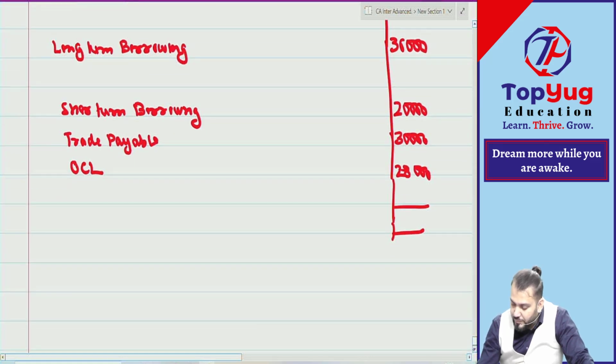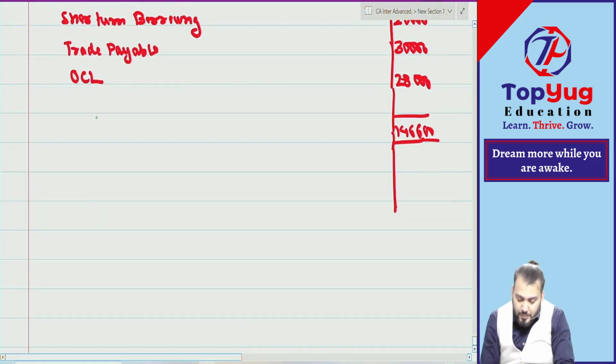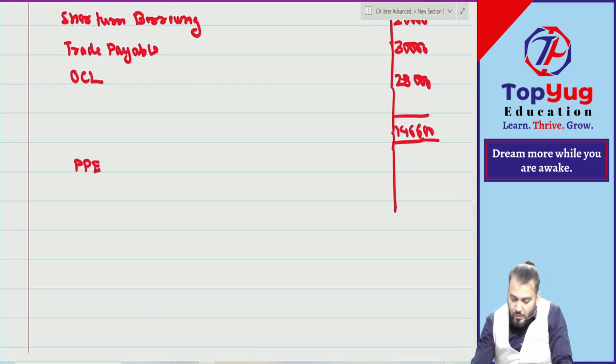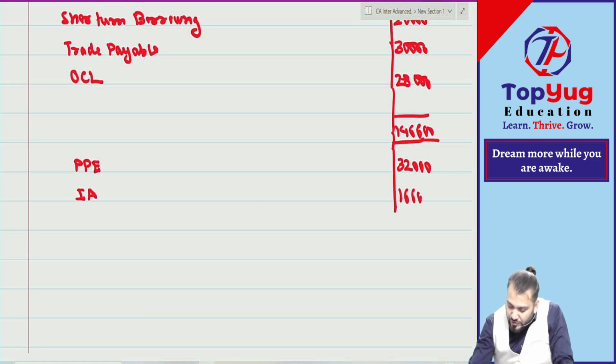Total 1,46,600. Then can you give me property, plant and equipment? 32,000. Can you give me intangible asset, goodwill? 16,600.